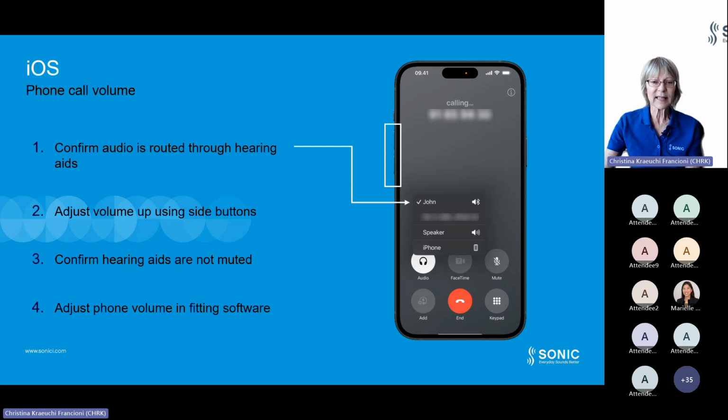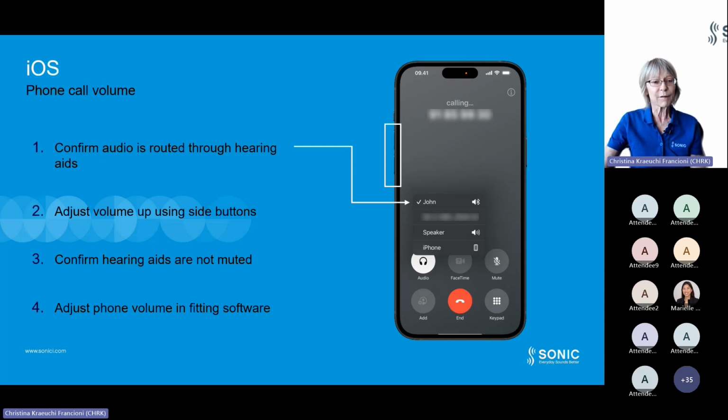If the hearing aids are selected, your client should adjust the volume up using the side buttons on the smartphone in the first place. The hearing aid user should also make sure that the hearing aids are not muted. They may have muted the hearing aids for streaming audio and forgotten to unmute them. So that's always important to double check.